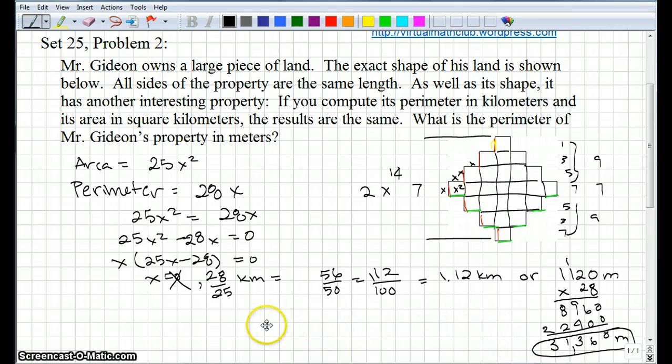Let me rewrite that so it's a little neater. 31,360 meters is our perimeter in meters. All right?